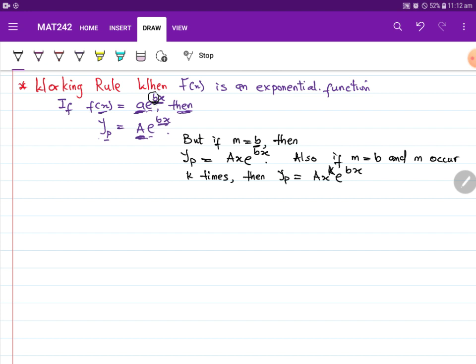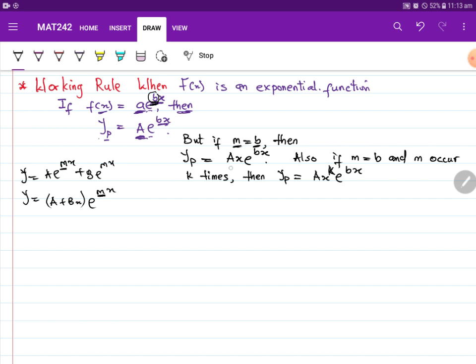What I'm trying to say is when you solve your yc, your yc will be a exponential mx plus b exponential mx, or your yc is the same thing as a plus bx exponential mx. Or if this m here is the same thing as the b in the initial question on the f of x, then there will be a problem.